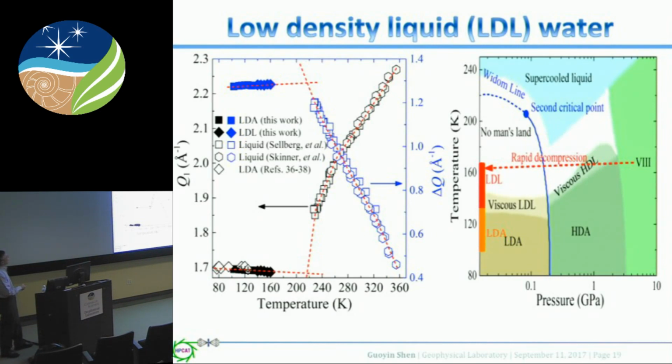And these are the data from the so-called low density liquid. We call it low density liquid. It's the metastable liquid that I just described. And our data show a very weak temperature dependence. So it's almost like no change there.